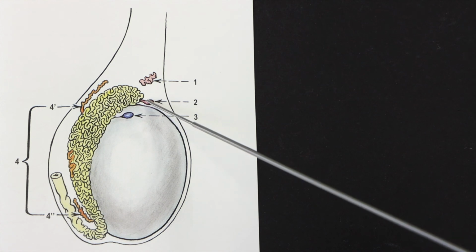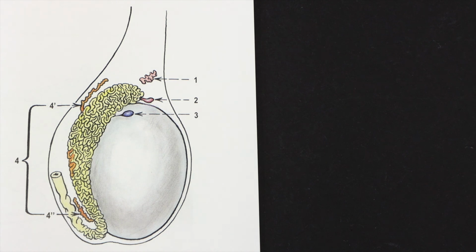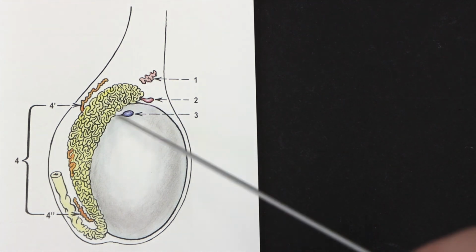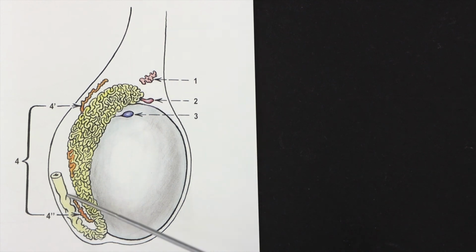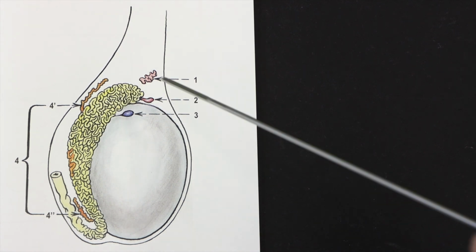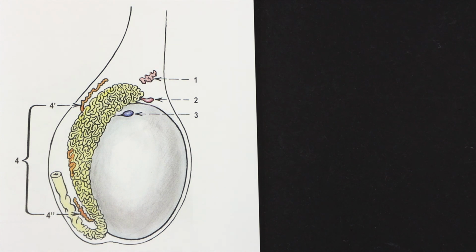The other is the appendix epididymis, which is located at the head of the epididymis. We can also find the aberrant ducts, superior and inferior, and the paradidymis, which is in the cranial part of the head of the epididymis. Those are all rudimentary structures of the developmental structures of the testis and epididymis.